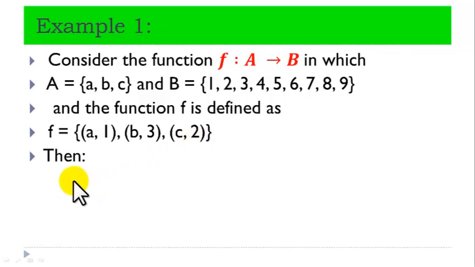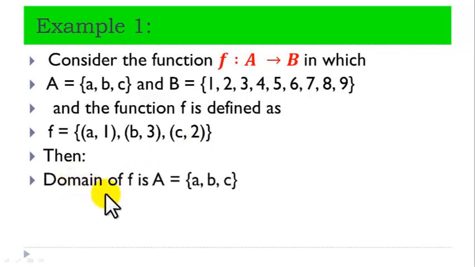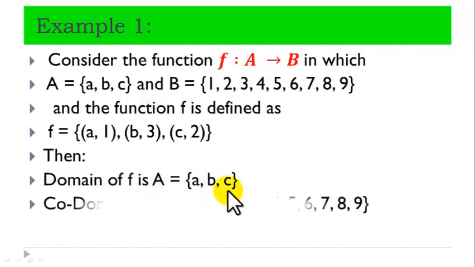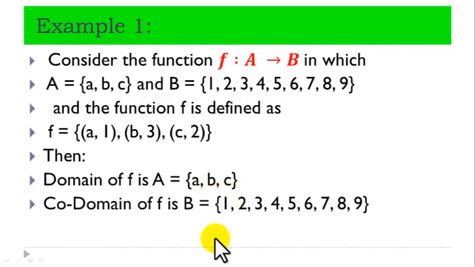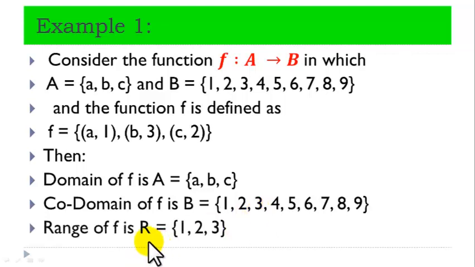Then the domain of f is the set A of elements a, b, c. The codomain of f is the set B of elements 1, 2 to 9. And the range of f is the set of all images of elements of A under f. That is the set of elements 1, 3, and 2.